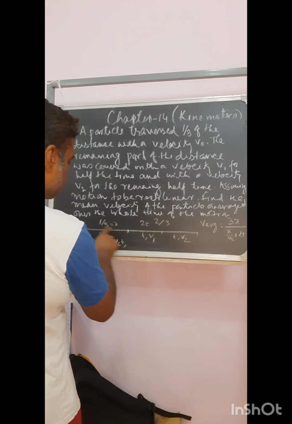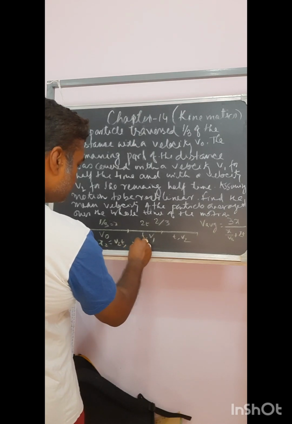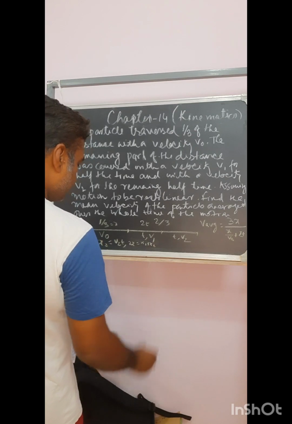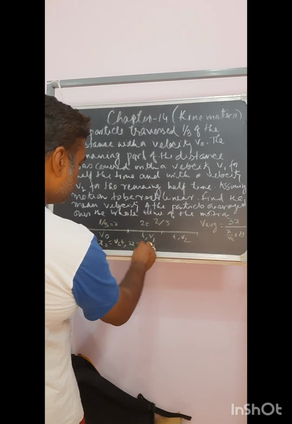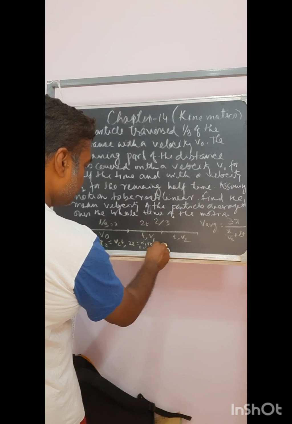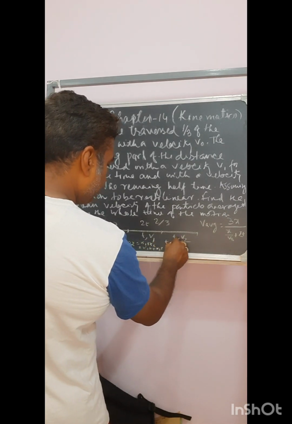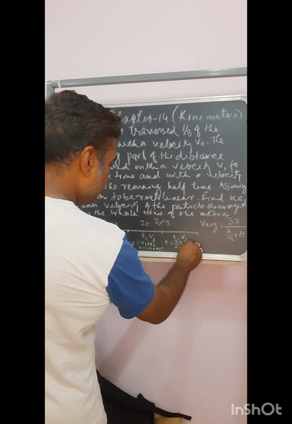So the total remaining distance is 2x: x1 plus x2 is equal to 2x. Putting in the values, that becomes v1 t plus v2 t. If I take t out, that is 2x equals t times (v1 plus v2).